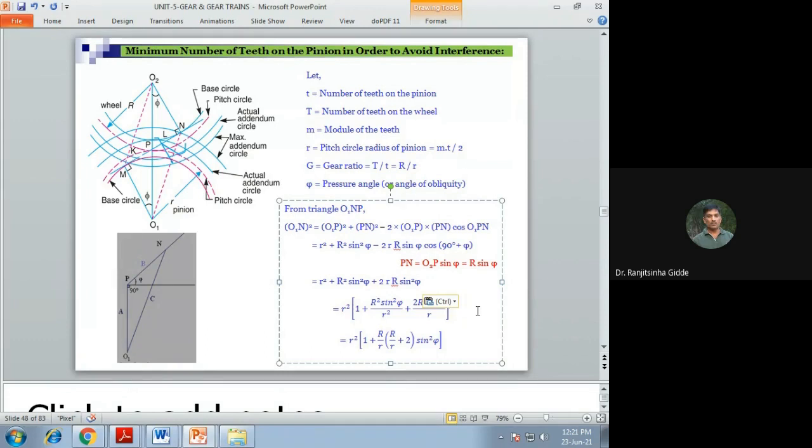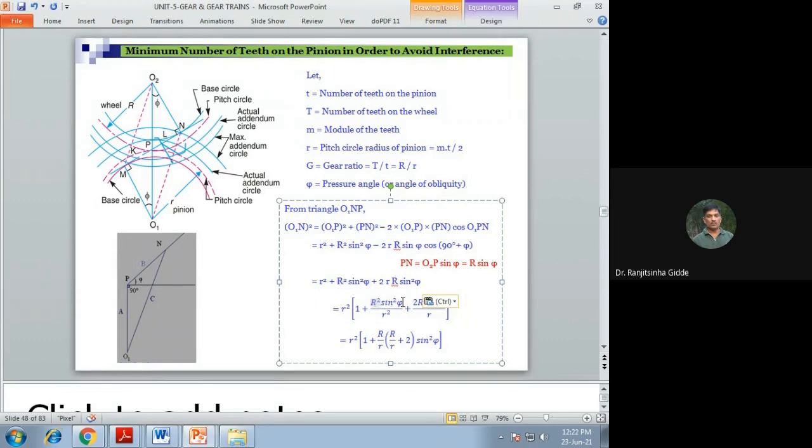Okay, now simple step, you need to take r square as a common. So from this, if we are going to take r square as a common, make one bracket. What will be the remaining term here? 1. Again from this term, r square common.